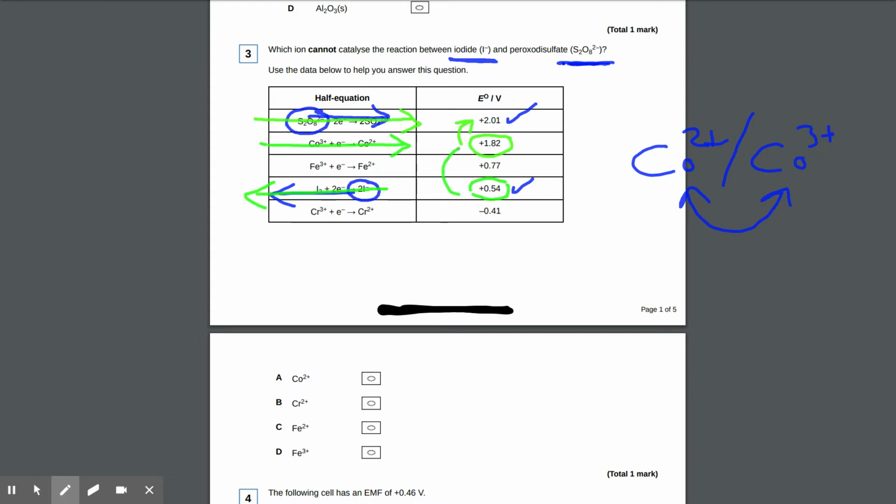And the cobalt 3+ ion has a higher voltage in the forward direction than the iodide ion does. So in answer to that one, for cobalt 2+ and 3+, because of the voltages that we have, both the plus 1.82 volts and the plus 0.77 volts are trapped between the two voltage couples of the reaction that we're looking at.